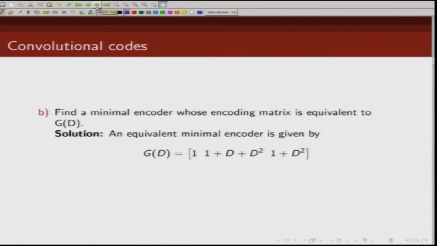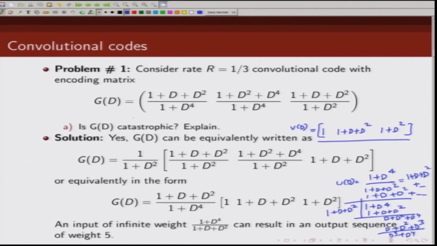Now, the second question is, what would be the minimal encoding matrix for the generator matrix given in the previous example? If I ask you to find the minimal encoding matrix for this encoder, what do we do? We take out all the common factors.